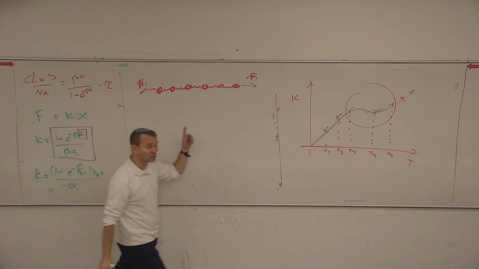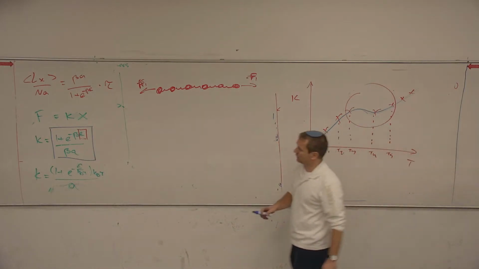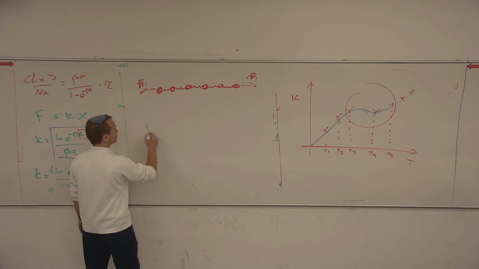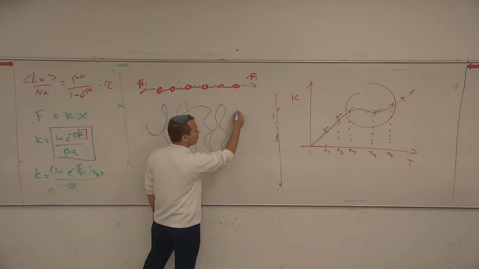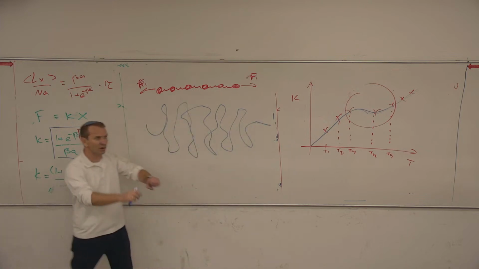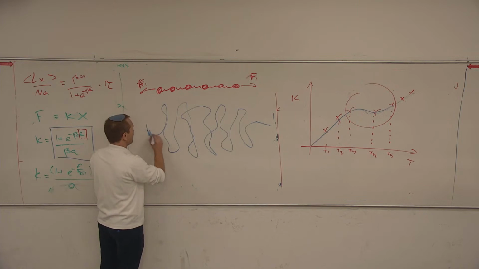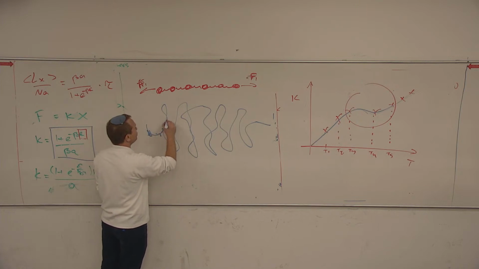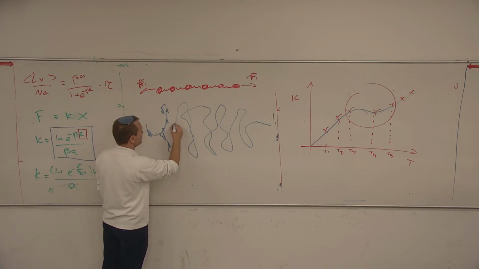But our spring is not a one-dimensional spring. Our spring looks like something like this, right? We allow it to go into the two-dimensional world. It's not one-dimensional masses connected by springs. We have a lot of different monomers. They can point out into different directions, and we don't care about this.